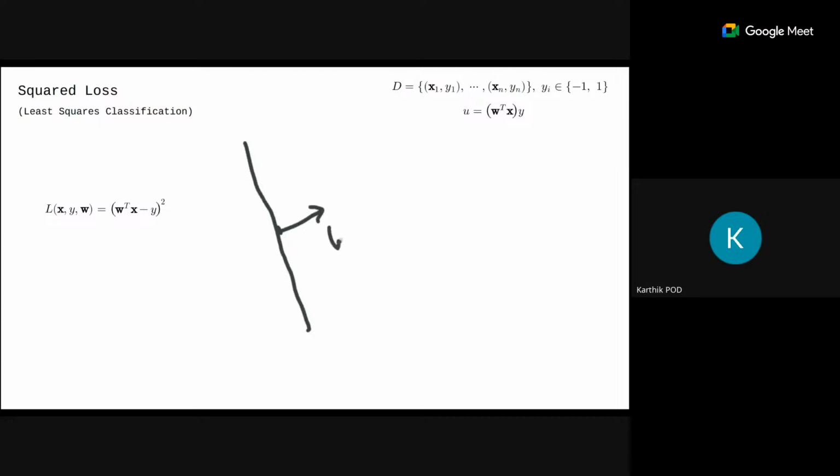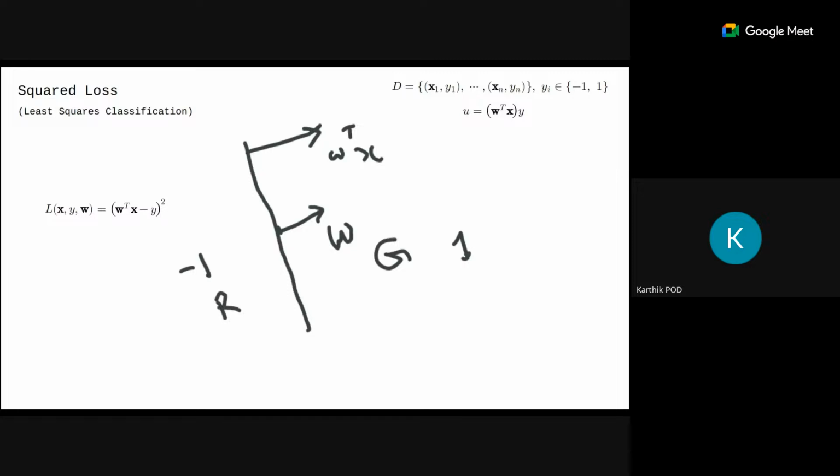This will be W, and for any point here, not exactly the distance, but some kind of projection is what you get when you do W transpose X. Of course, you have to divide by norm W, but if you're only looking at a rough estimate, it's W transpose X. So this gives you how far away you are from the boundary. For all points on this side, you want it to be 1, this is green, and for all points here, you want it to be -1, this is red.